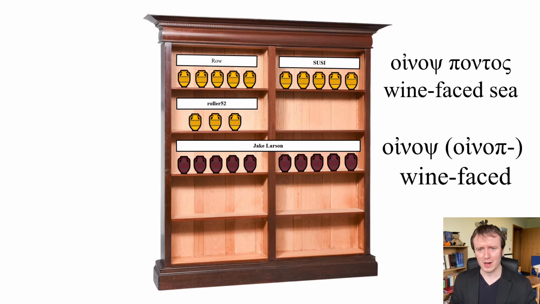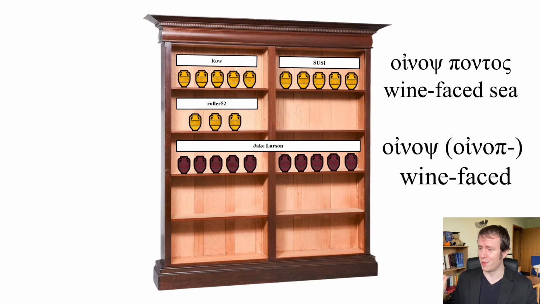So perhaps Homer was calling it wine-faced in that it has a wine-like appearance because wine was bluish. Another proposal has been that wine was in fact a similar colour to the colour that it is today, you know, like this dark reddish colour, and that Homer was using it to describe how the sea looks at a certain time of day. You know, near the end of the day, the sea could apparently look a reddish colour.